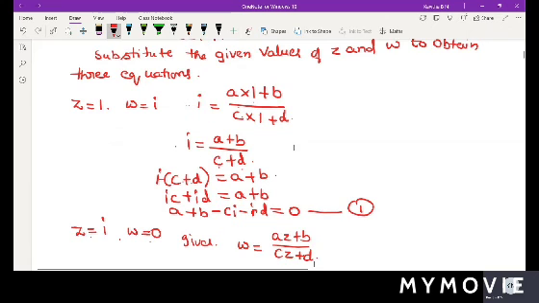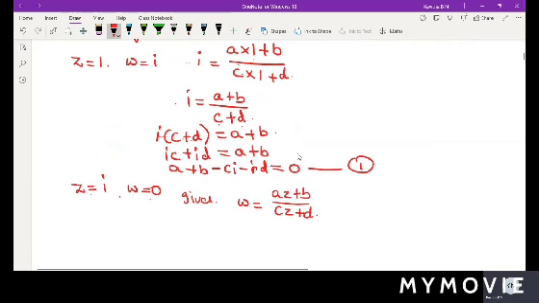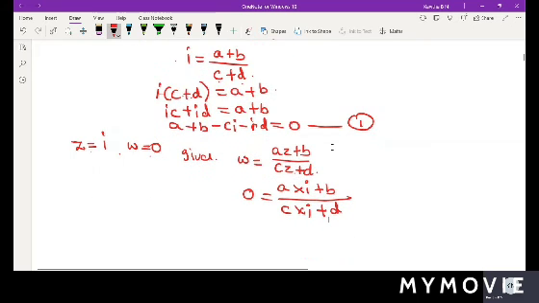Okay. Then substitute the w value. w value is 0 is equal to a, z value is i, plus b, whole divided by c into, in place of z substitute i, plus d. Okay, then next, ci plus d is shifted to the LHS side. 0 into ci plus d is equal to ai plus b.